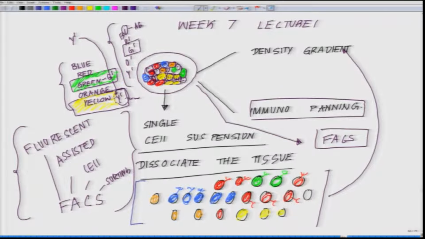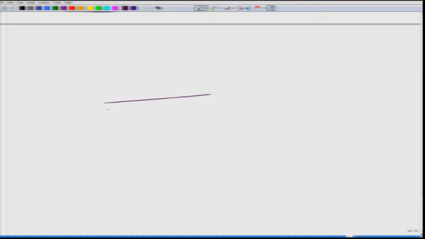Now I have a sensor, and I allow the cells to flow. So I have something like this, a very narrow tube through which only one cell at a time can flow. And here I have a sensor, and here I have a gate.